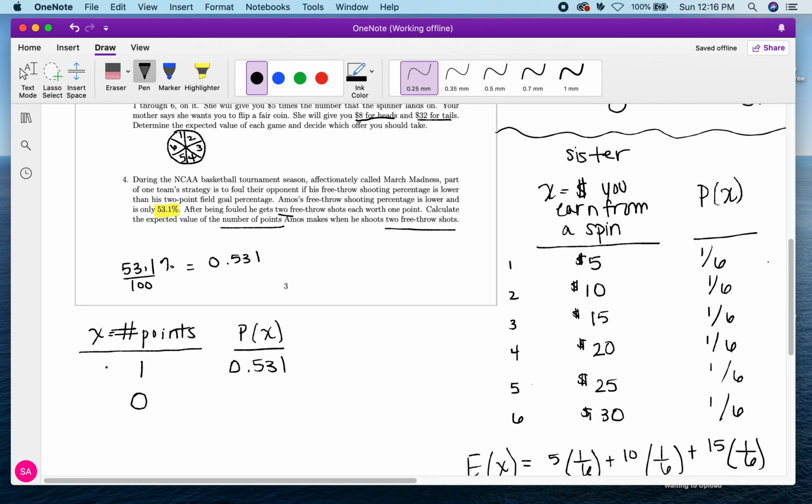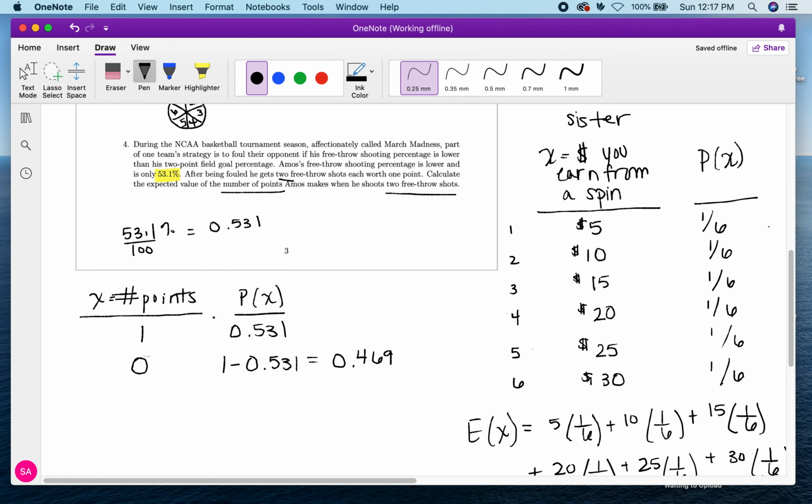So if the probability of him making the shot is 0.531, the probability that he doesn't is going to be 1 minus that. 1 minus 0.531, which is going to be 0.469. So the probability he doesn't make the shot is 0.469, right? Because he either makes it or he doesn't. And they're opposite situations. So we can do 1 minus to get that other probability.